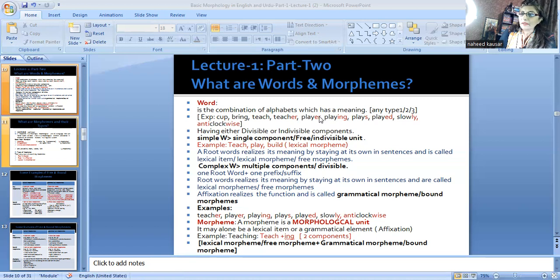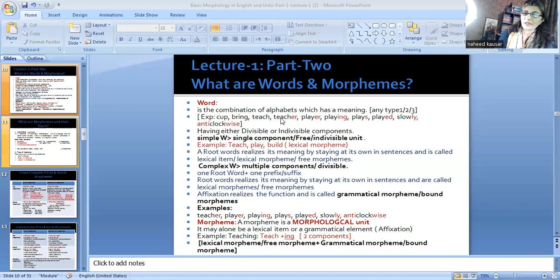Now, coming to the other type of component, if I consider the example teacher again, and just focus on the linguistic element ER only, I would say that this has a particular function when it is attached at the end of the word teach. Because if we attach this er to the word teach, it becomes teacher, which gives a new meaning to the former word teach, a person who teaches someone.